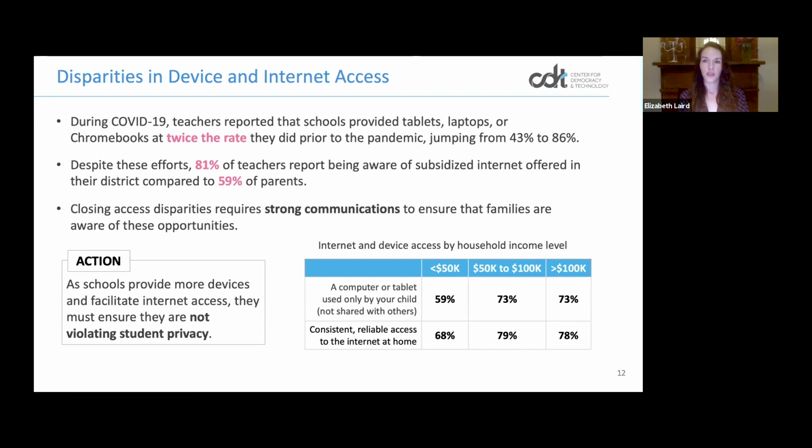And so that is good news in the sense of some of the data that Justin laid out and students needing devices. But as you're providing devices to students and schools may be monitoring what's happening on those devices, it's also creating more risk around what is being collected about students, what they know about.